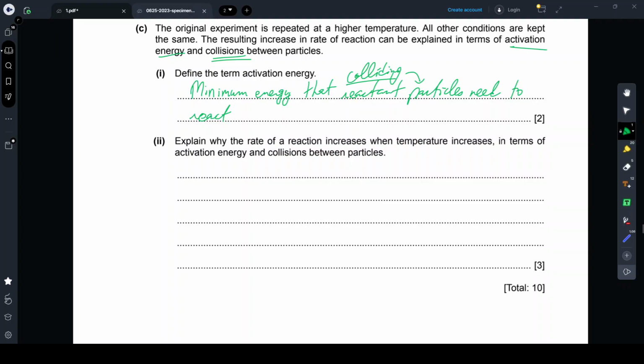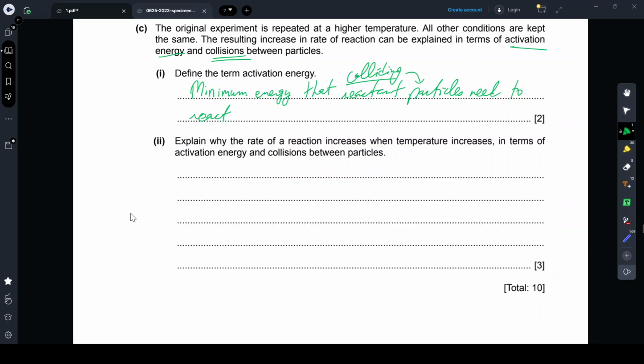Now, explain why the rate of reaction increases when temperature increases in terms of activation energy and collision between particles. When the temperature increases, kinetic energy also increases.